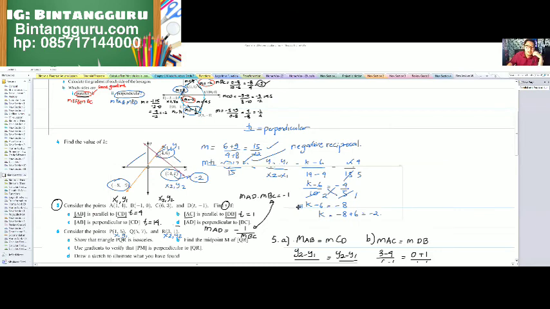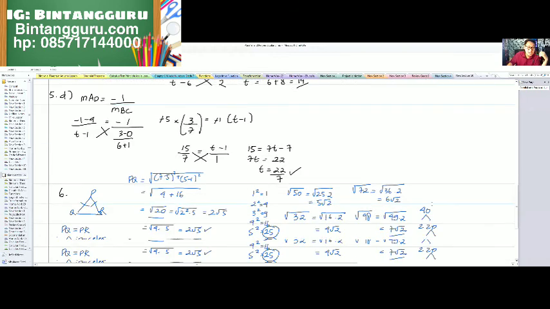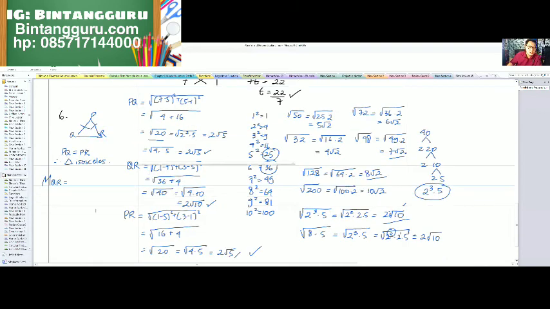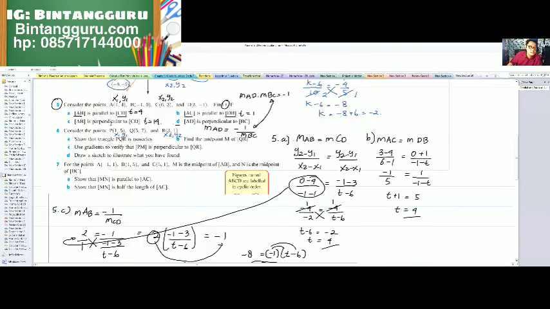Okay, so this is PR, 2 root 5. So PQ and PR are equal. And then we have to verify or find the midpoint of QR. So this is Q and this is R. We need to find the midpoint.